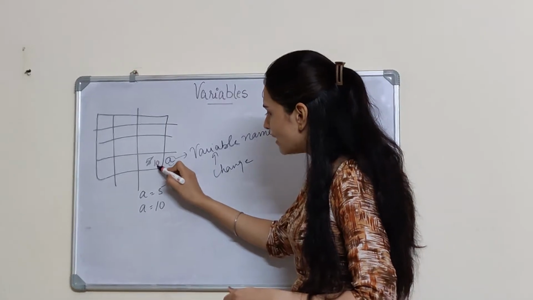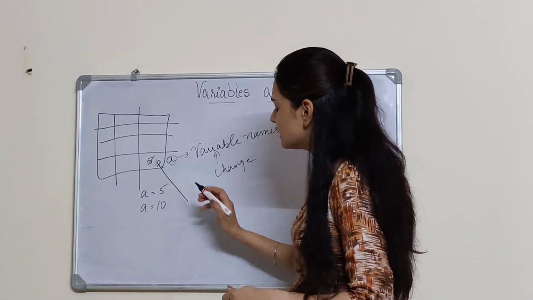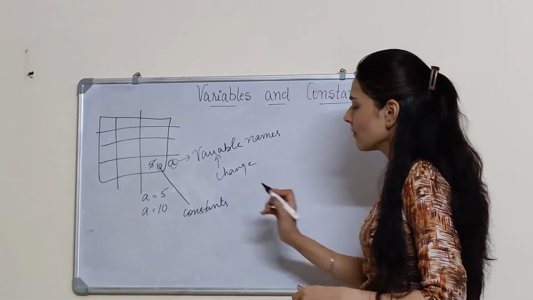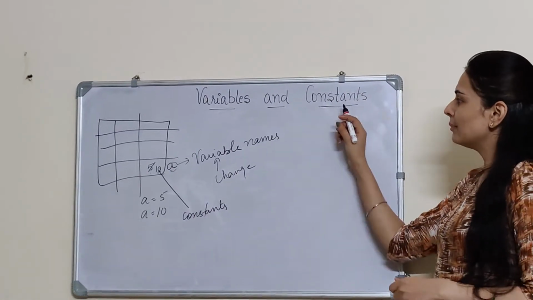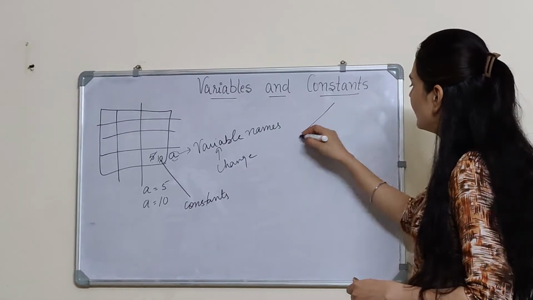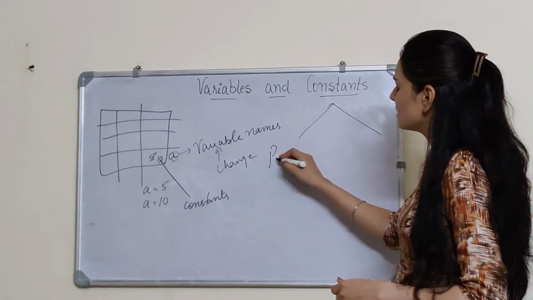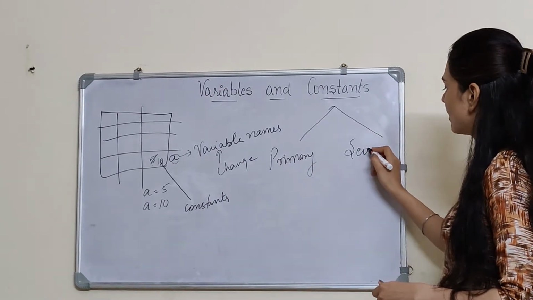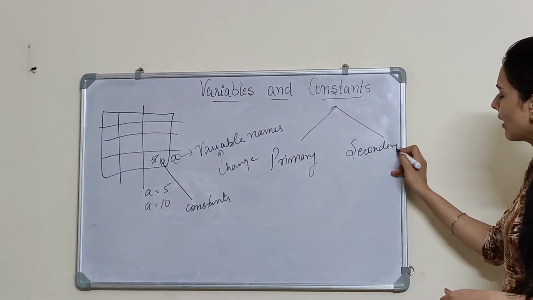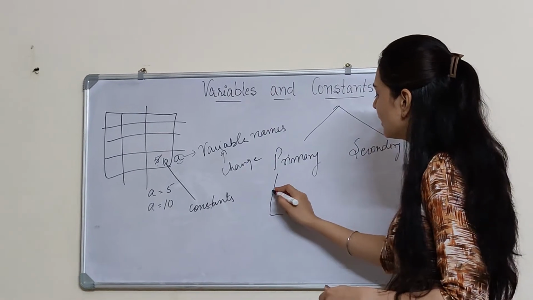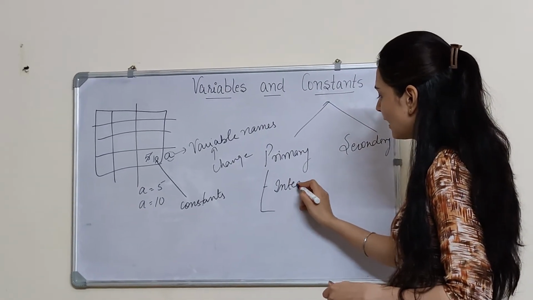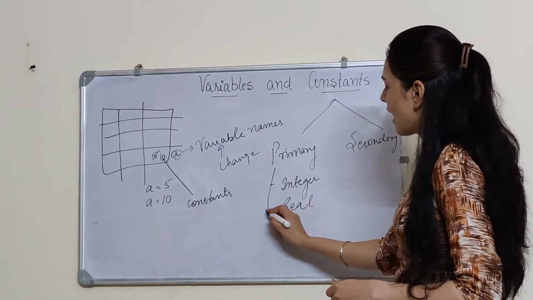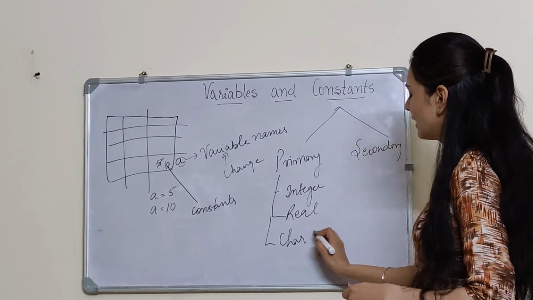However, these values that we are storing within these cells, these are called as constants. Now, these variables and constants are divided into two categories, that is primary variables and constants and the secondary ones. Again these primary are of three types. One is integer type variables and constants, next is real type, and the third is character type.